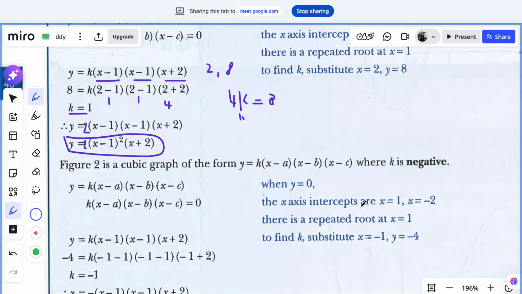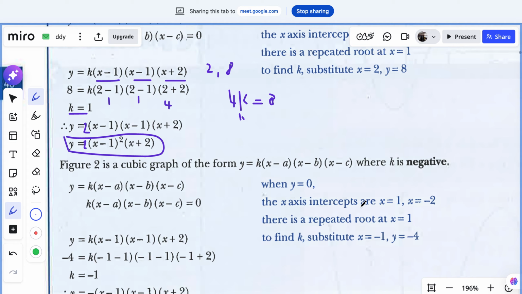You must always substitute one coordinate point. Okay? One coordinate point. Because k is going to be negative, that's why we choose that. If k was going to be positive, we would have chosen differently. Because k is negative, we choose this one. We choose this point, we trace it down, and we bring the coordinate point. We substitute it into the equation.